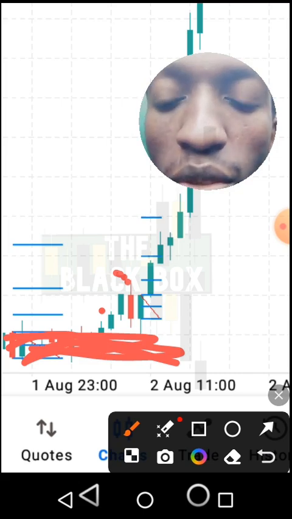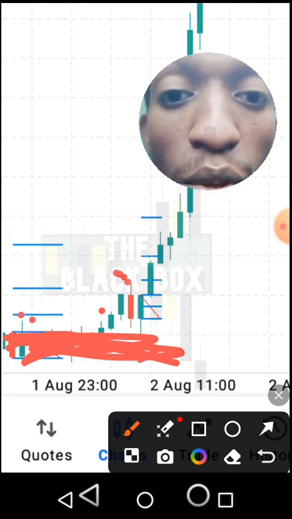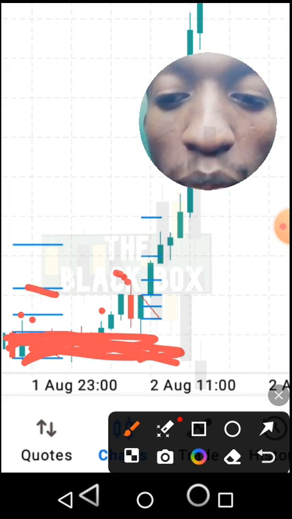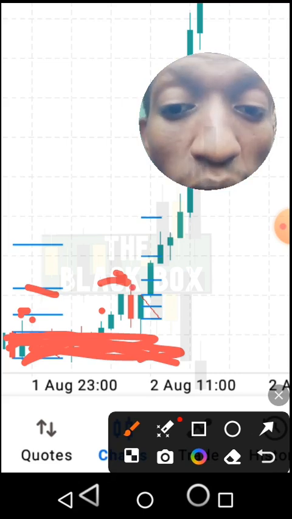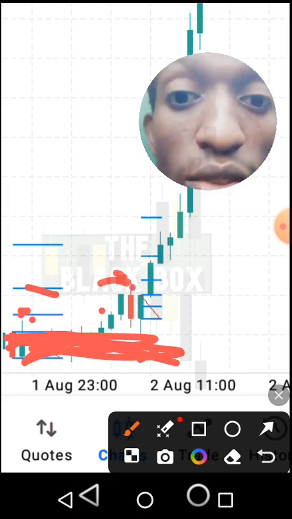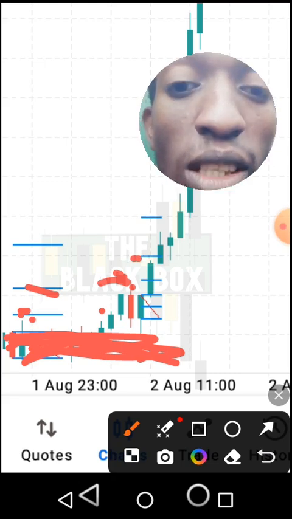Using the classical black box, look at that high protruding up, and one grid up, that wick never broke it. It made equal highs, this one and this one, then retraced back. No buy. So we are buying only up there. There is a difference between them.